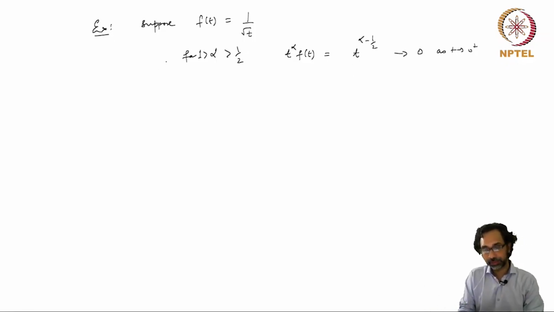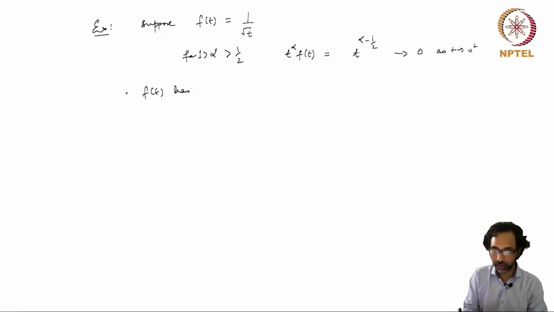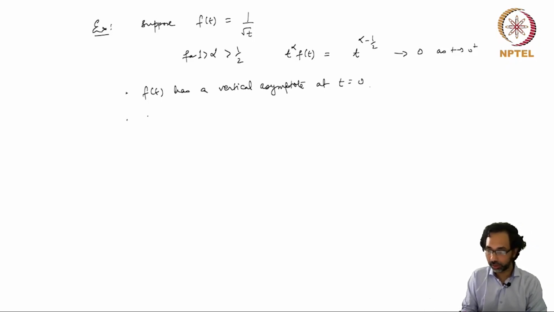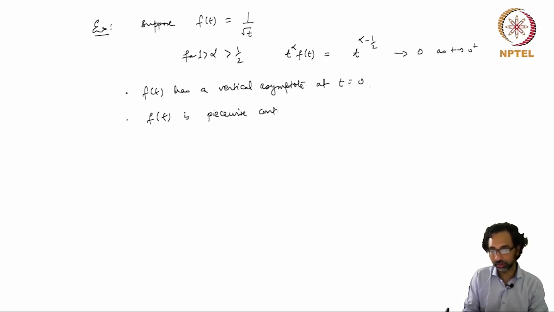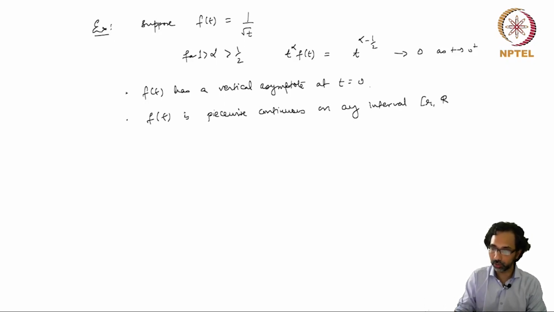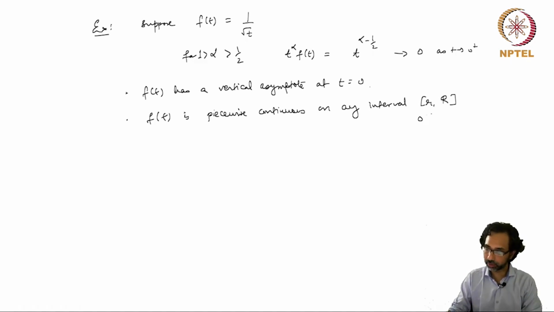Therefore, f(t) is a function which has a vertical asymptote at t equal to 0. f(t) is piecewise continuous on any interval small r to capital R, where 0 is less than r less than capital R less than plus infinity.